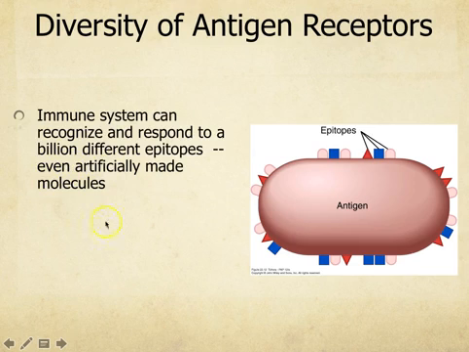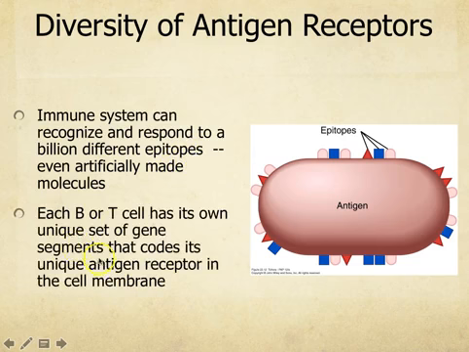Your immune system can recognize and respond to a billion different epitopes, which is an amazing amount, really. It also explains how you get a little bit sick, but you don't die of colds and flu viruses that change every year, unless you're immune compromised, maybe elderly or sick with something else.